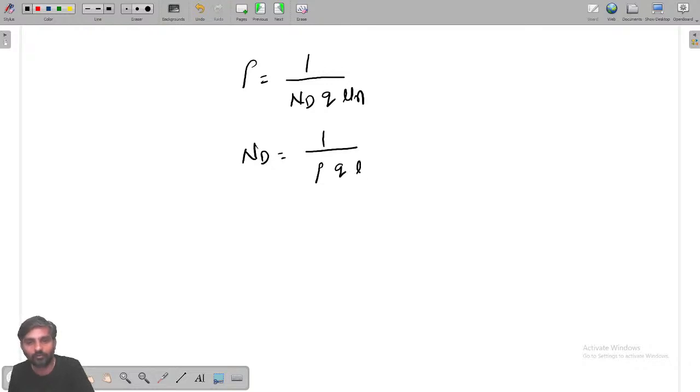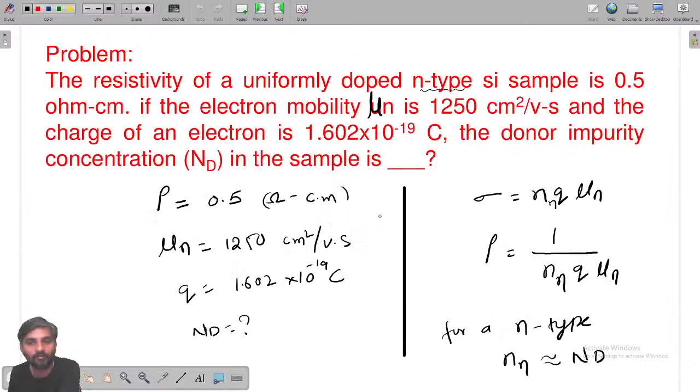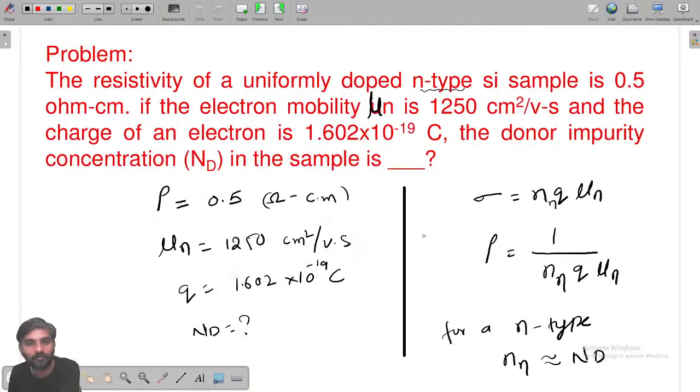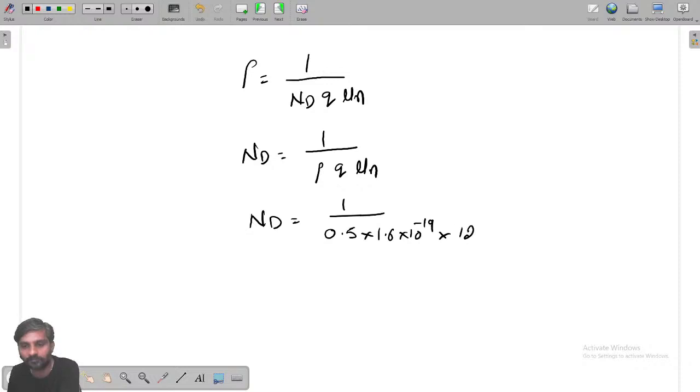So Nd is going to be 1 by rho q mu n. Rho is 0.5, q is 1.6 into 10 to the power of minus 19, then mu n is 1250. So Nd is going to be what? Calculate and tell me what the Nd value is.